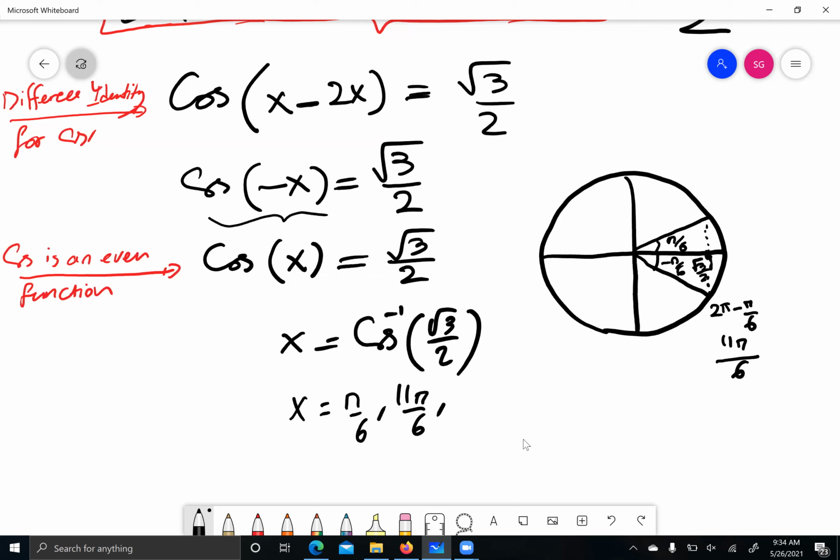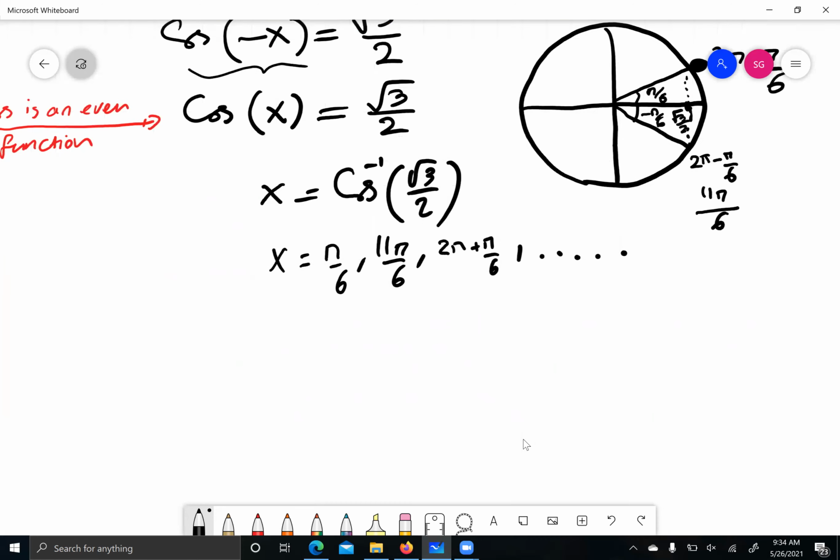Because this is in the first rotation, you get these two answers. But in the second rotation, it's going to be 2 pi plus pi over 6, which is again right here. So it's going to be 2 pi plus pi over 6 in the second rotation, and so on. So there are infinitely many answers.